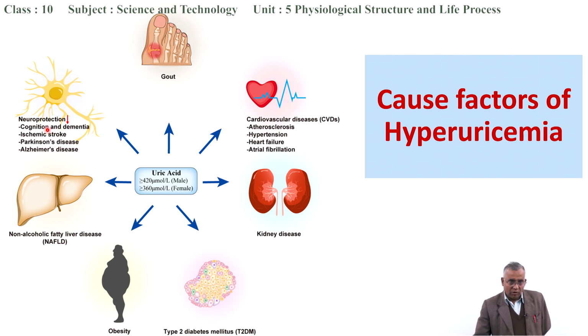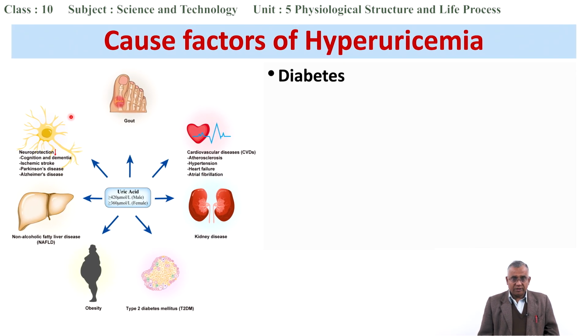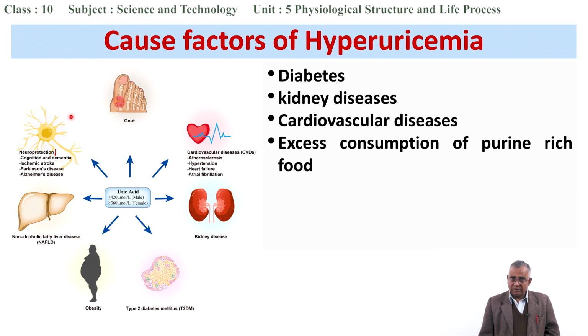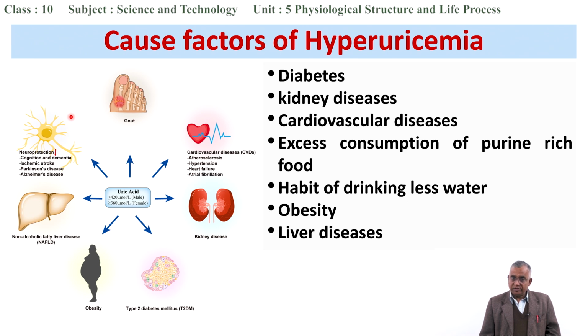And then neuroprotection, here different types of, that means the nerves which order different types of work. If there is imbalance, then it also leads to hyperuricemia. So these terms are given here: diabetes, kidney diseases, cardiovascular diseases, excess consumption of purine-rich food, the habit of drinking less water, obesity, and liver diseases, especially fatty liver, deposition of fats around the liver.